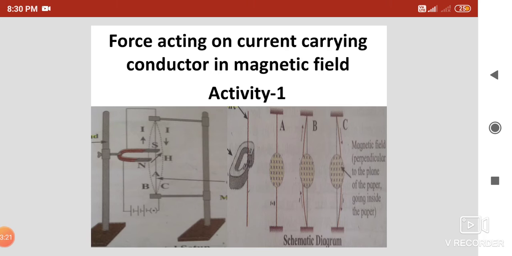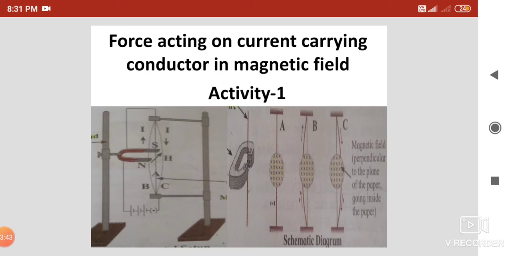In this experiment, it is noted that whenever electric current flows through a conductor in the presence of a magnetic field, a force is exerted on the conductor. If the direction of current is reversed, the direction of force also gets reversed.